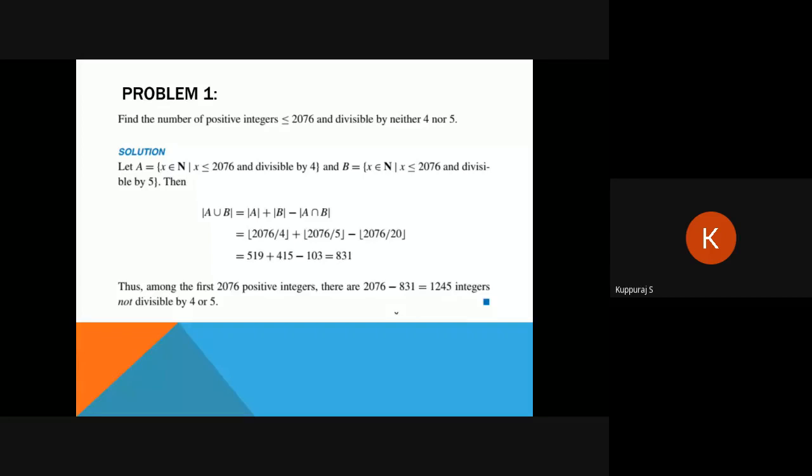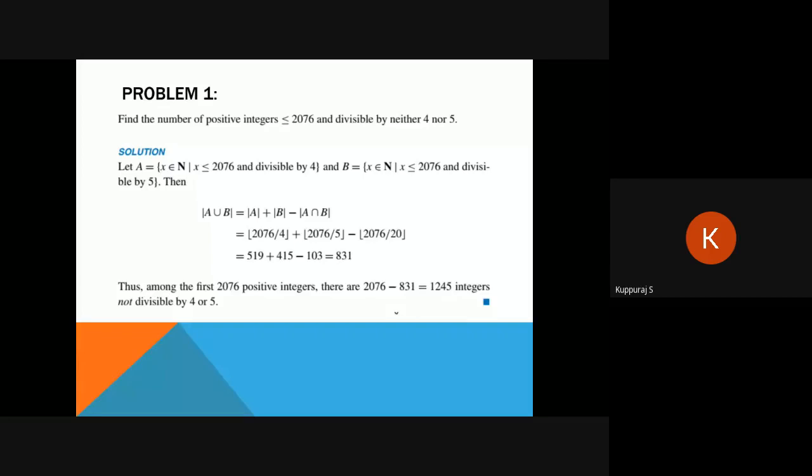See here, find the number of positive integers less than or equal to 2076 and divisible by neither 4 nor 5. Okay. So in that case, first we have to assume two sets. See, in each and every problem of principle of inclusion and exclusion, first I have to consider two sets or three sets.